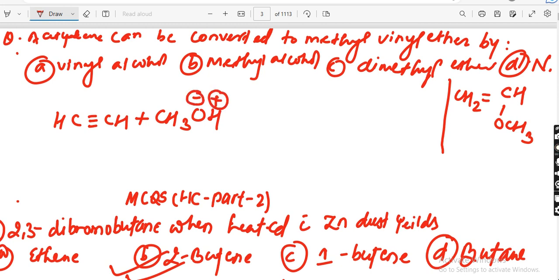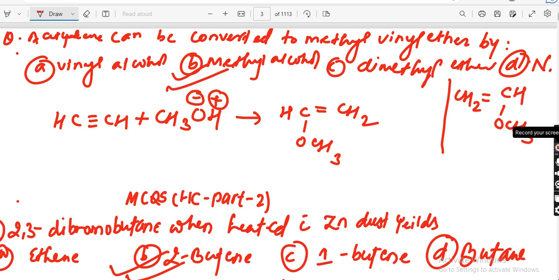Over here H plus. So you react this and you get HC and OCH3 with a double bond CH2. So this is what your methyl vinyl ether is. So this is methyl alcohol. Okay, up to here we have done. In the next part we'll do further questions.